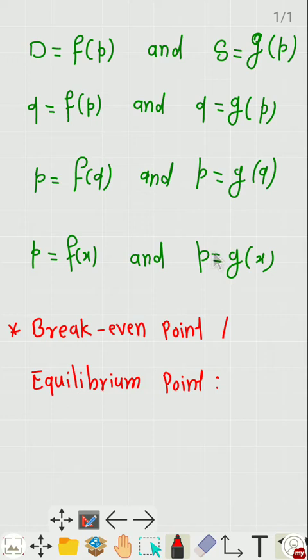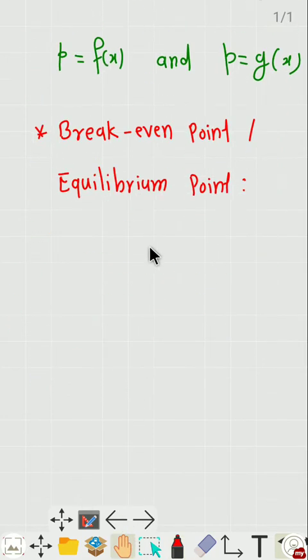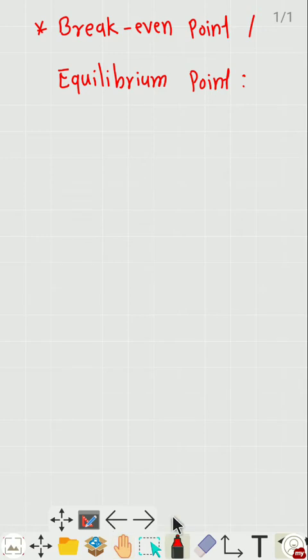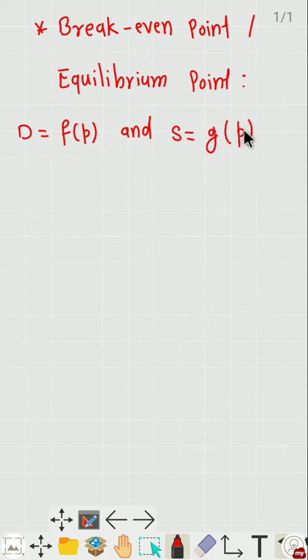Consider two functions now. First is the demand function, D equal to f of p, and S equal to the supply function g of p, and their graphs are as follows.